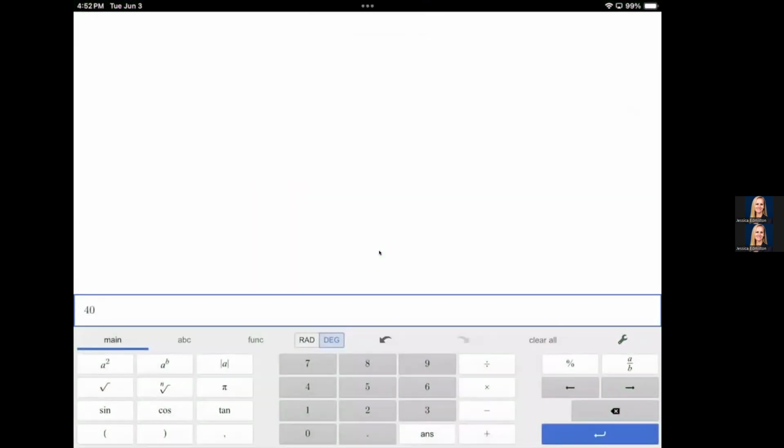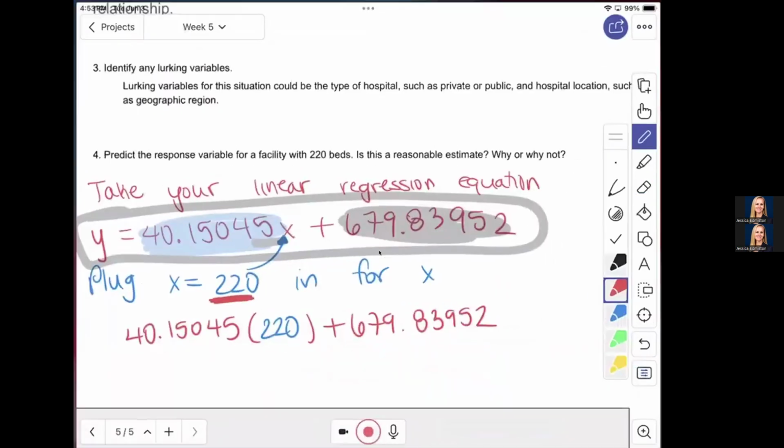So I have 40.15045, and then parentheses, the X value, which in this case, we're trying to predict for 220 beds, and then plus, of course, the B value, which was 679.83952. We get approximately 9,512.9382 inpatient visits.